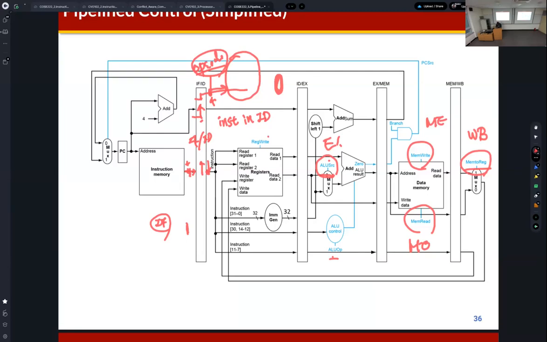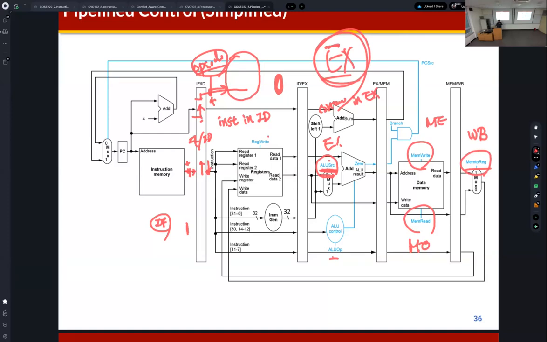But when the ALU source control signal is used, it is used when the instruction is in the EX stage, right? Do you understand? So what does that mean? In this case, we need to use the control signal in the EX stage.